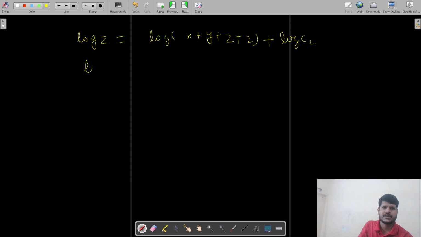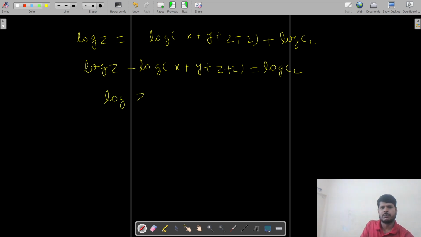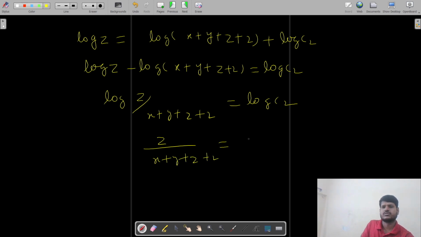So log z minus log of x plus y plus z plus 2 equals log c2. This is log of m upon n, so taking the anti-log we have z upon x plus y plus z plus 2 equal to c2.